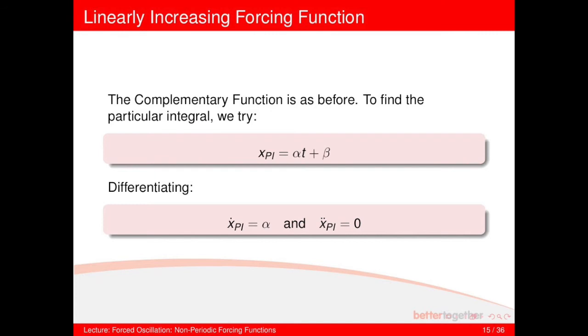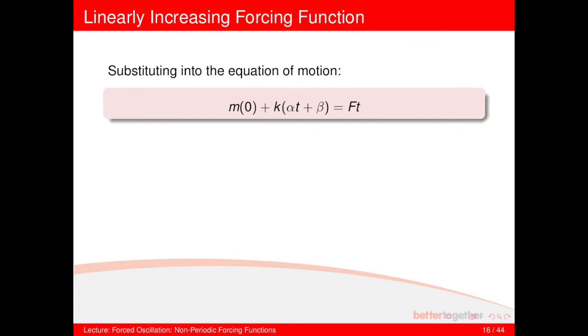We differentiate with respect to time. You take the derivative with respect to time here, you get x dot p is alpha, and you take the derivative again to get the second derivative, and the derivative of the constant alpha is 0, so that disappears. You plug that back into your equation of motion with the forcing function. So x double dot is 0, so you have m times 0 plus k times alpha t plus beta equals F t.